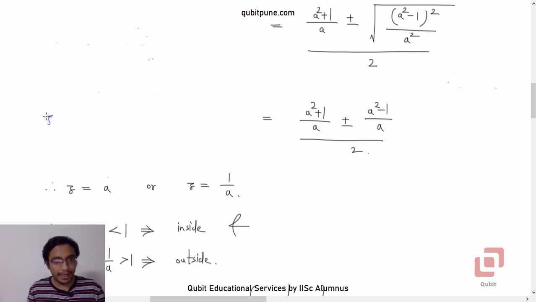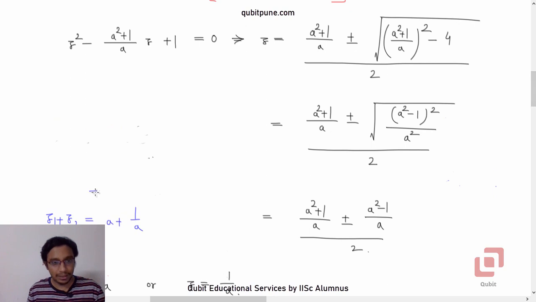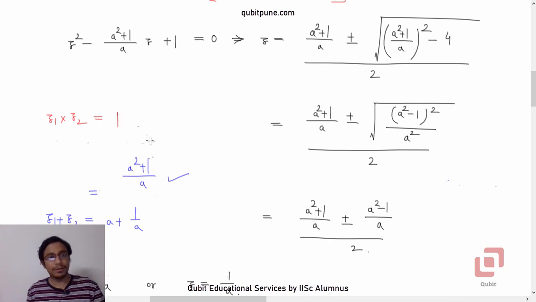The sum a plus 1 upon a is minus b by a, yes. And the product z1 into z2 will be 1. One is the reciprocal of the other, of course, and c by a is 1. So now the roots are correct.